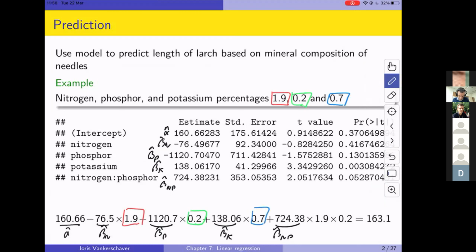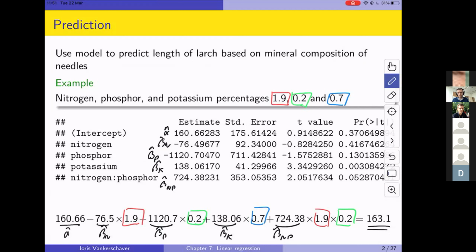And then also the interaction of phosphor and nitrogen. And okay, you calculate all that out and you get an average height of the tree of about 163 centimeters. That is what we call a point estimate. A point estimate is a single number that tells you what your model thinks it is.